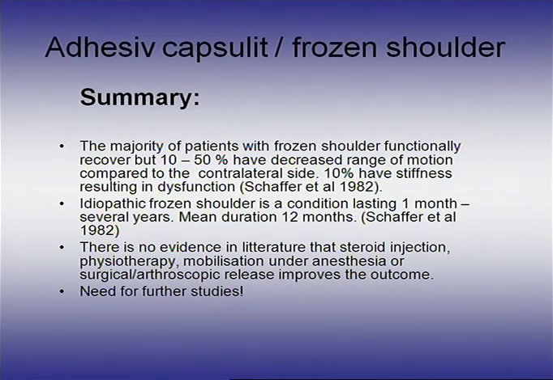And there is no evidence available in the literature that steroid injection, physiotherapy, mobilization under anesthesia, or surgical arthroscopic release improves the outcome. So we need to do further studies to really know if we help the patients with arthroscopic release or other methods.